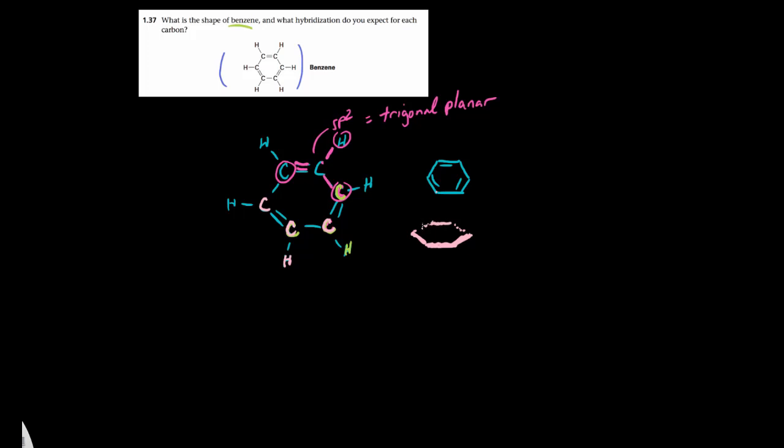So this is a planar molecule, and if you look at a crystal structure of benzene, for example, you can see that all the carbon atoms are in a plane, and the electrons from all the p orbitals overlapping are above and below the plane.